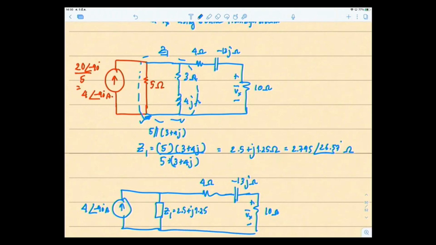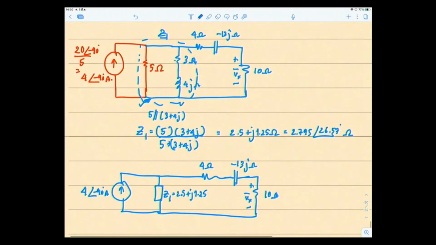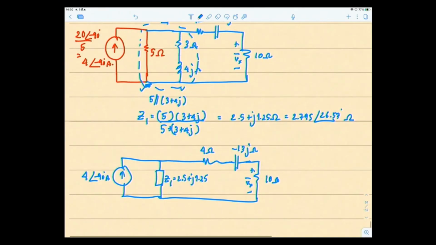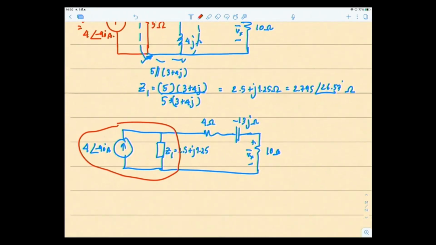We haven't touched that portion of the circuit at all. I want to find Vx, no? Somehow if I can get this all in series, I can use voltage divider. So why don't I transform again, right? I have a current source here in parallel with this Z1. So I'm going to transform this into a voltage source again.